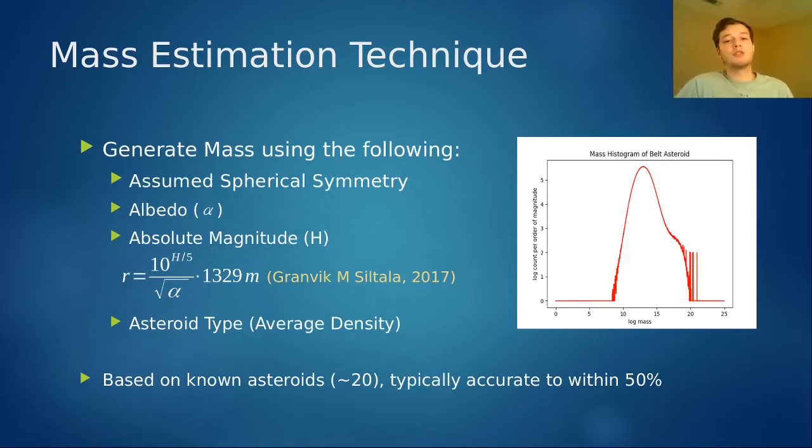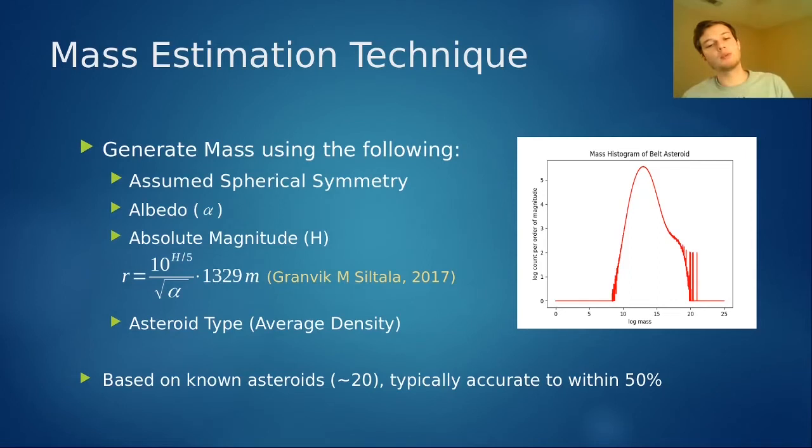This technique assumes spherical symmetry for each of the asteroids, and then we use the albedo, which is essentially how reflective the asteroid is, and the absolute magnitude, which is how much got reflected, to get an estimate for the radius of the asteroid, and therefore the volume.